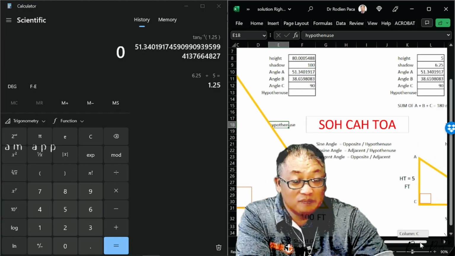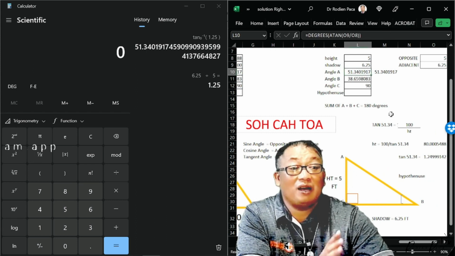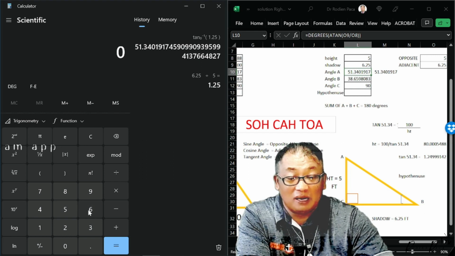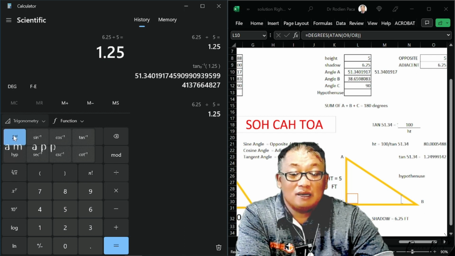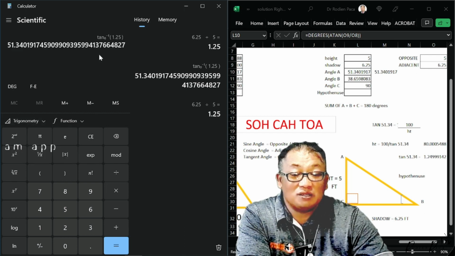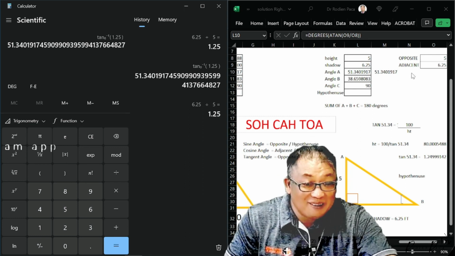So you were looking for the angle A a while ago. How to solve that one is very simple. 6.25, using the calculator, divided by 5 equals, then you go to trigonometry, inverse function, and you go tangent. 51.34. It's magic. You fill up here.